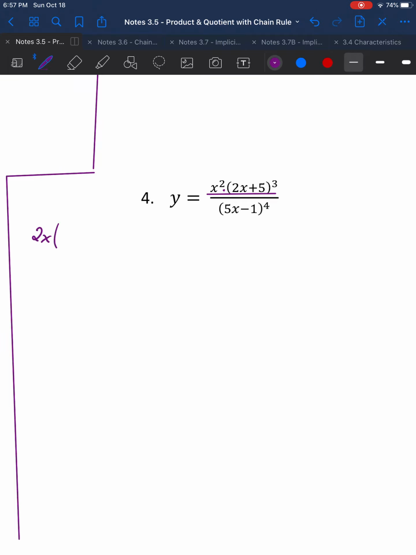So quotient rule says derivative of the first, but my first is a product. So to take the derivative of the numerator, I have to also do a product rule, which says derivative of the first, keep the second, plus keep the first times derivative of the second, but in order to take the derivative of this, I need a u.